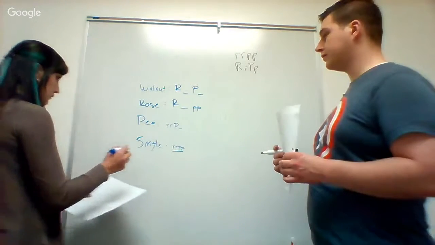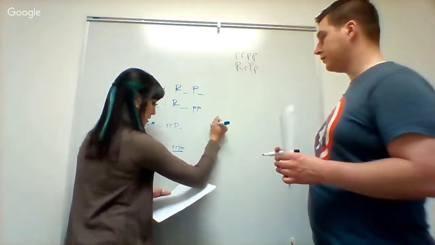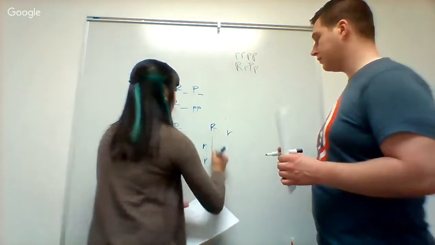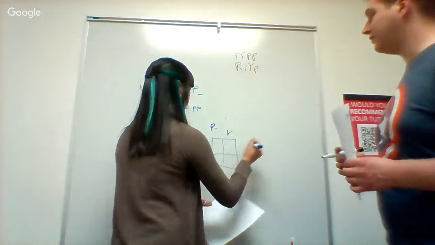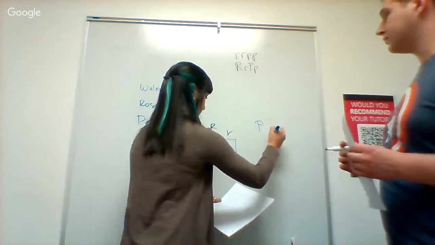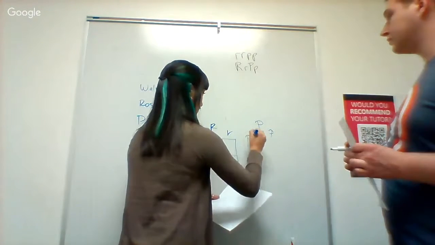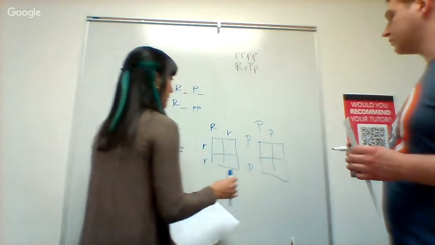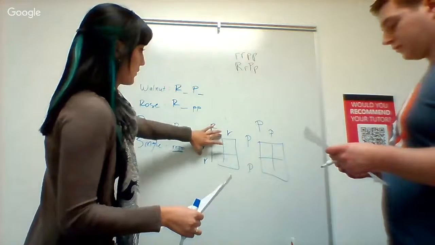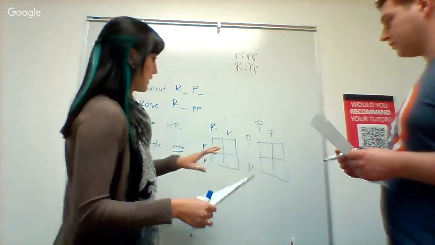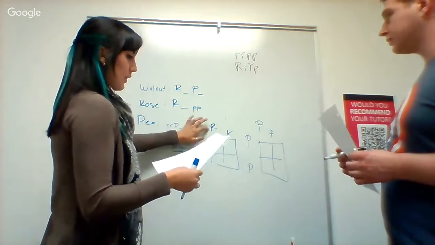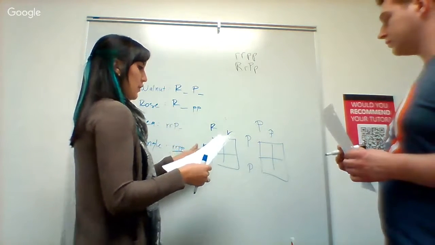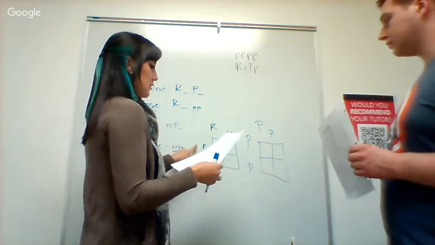So for these will make the recessives, and we need recessive for the P ones also.